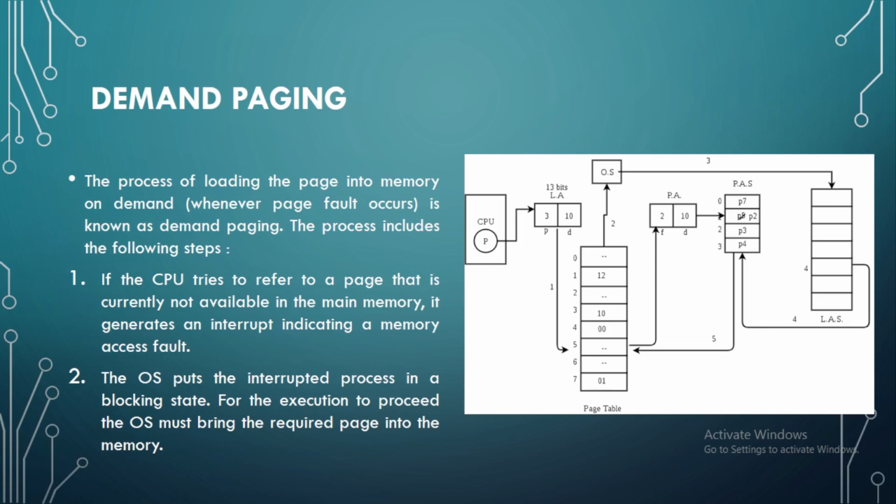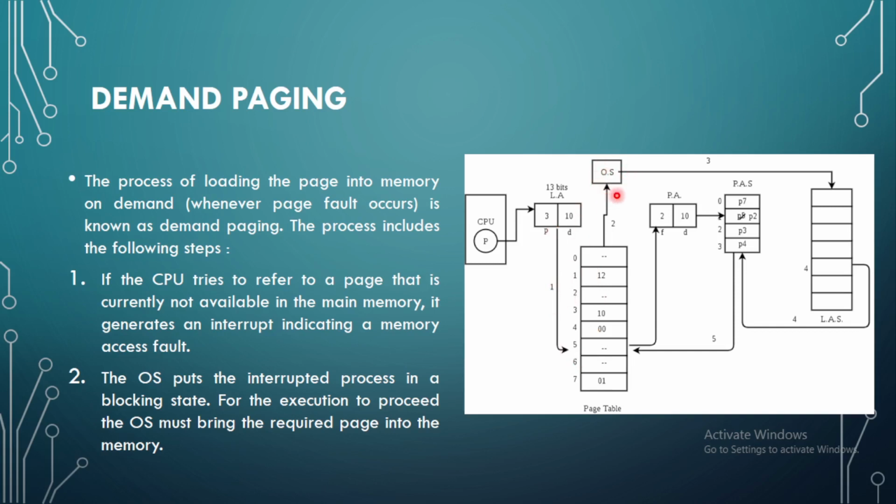This process includes the following steps. The first step is, if the CPU tries to refer to a page that is currently not available in the main memory, it generates an interrupt indicating a memory access fault. Second, the operating system puts the interrupted process in a blocking state.